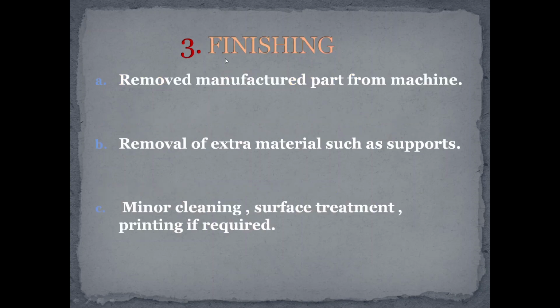Now my third and last point is finishing. Remove the manufactured part from the machine, remove extra material such as supports, minor cleaning, and surface treatment if required. So this is our final step. We also know that we have to clean the object when we want the final object, so we also have to remove some extra parts.